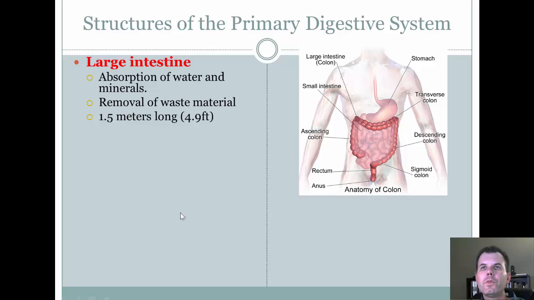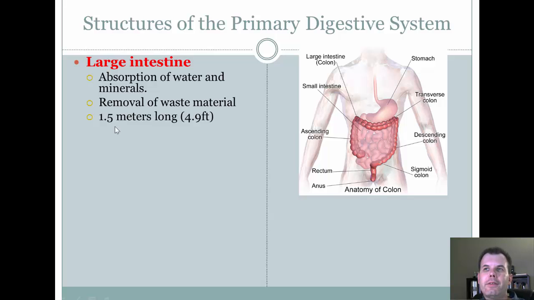Okay? The last part of the primary part is the large intestine. The large intestine is primarily responsible for the absorption of water and any other minerals that you might not have gotten in the small intestine. It's also responsible for the removal of waste material, and it's roughly about 4 to 5 feet long.